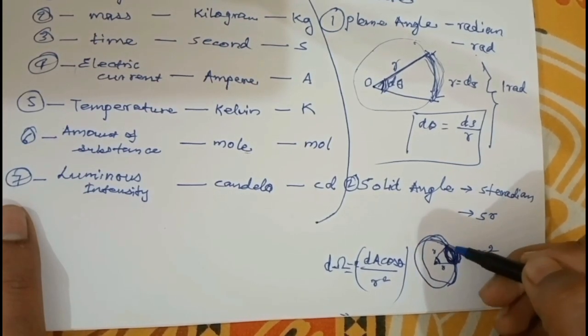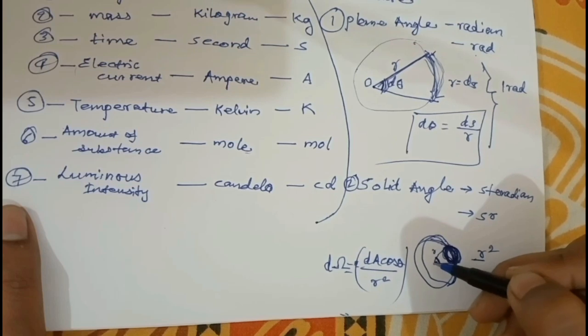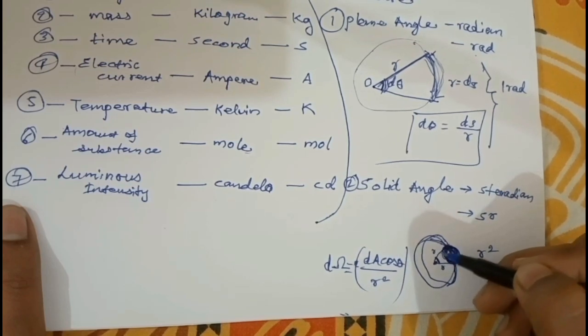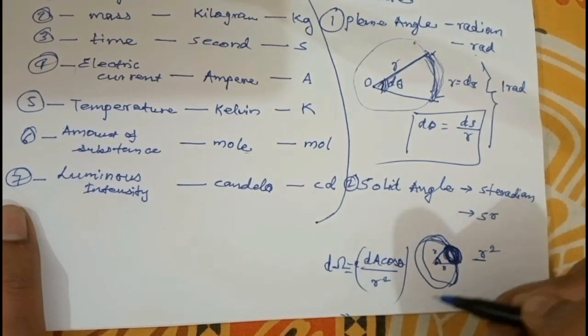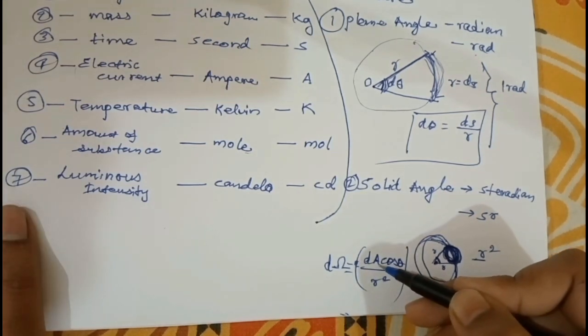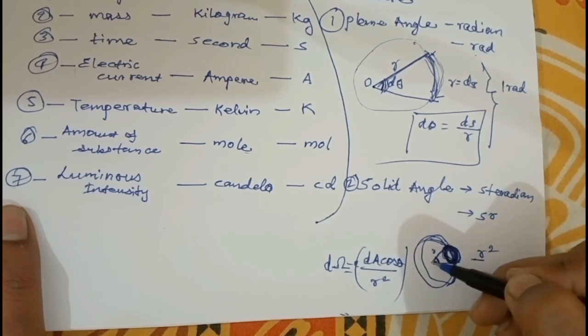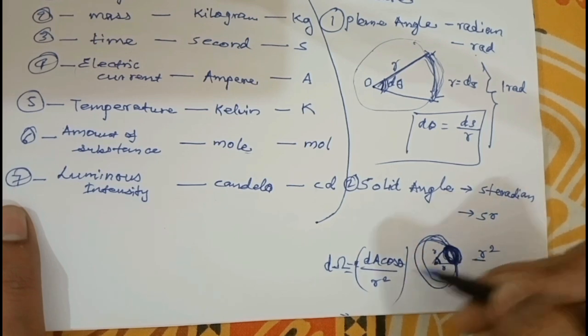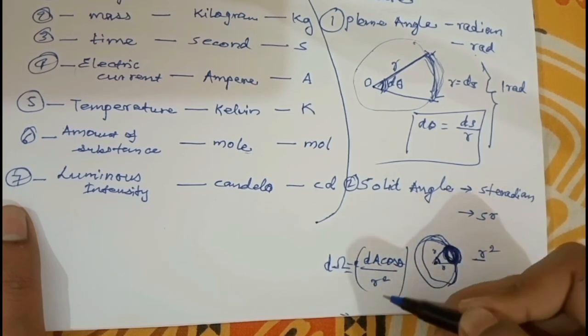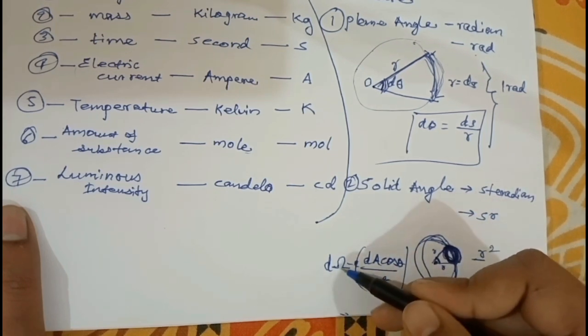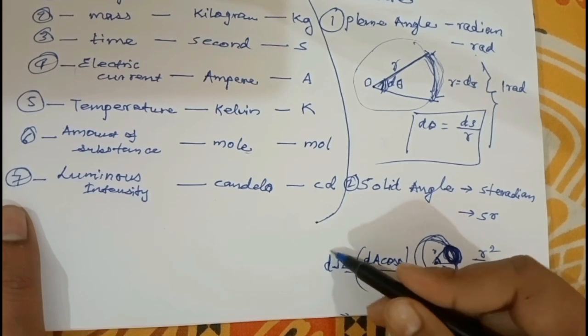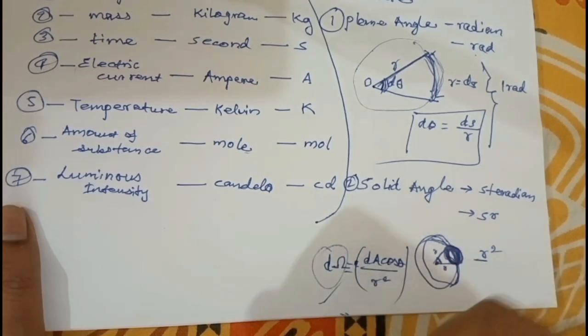This is a spherical surface which is making this solid angle, and the radius of the spherical ball is r. And what is this A? A is the area of this small part which is subtending the angle at the center. This A and R are the terms used to find out the solid angle.